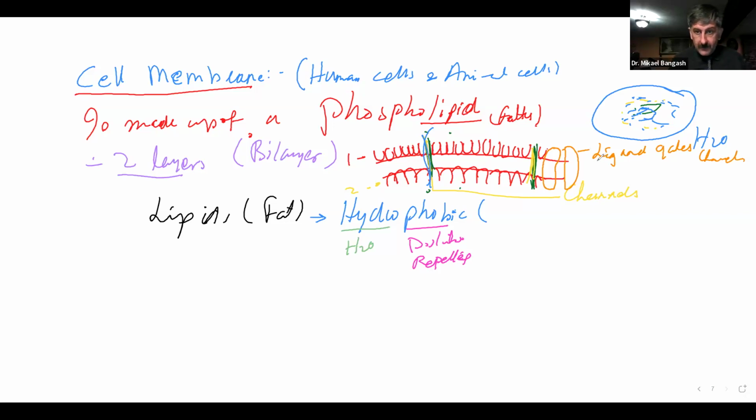Some people may replace the word ligand with protein gated channels.